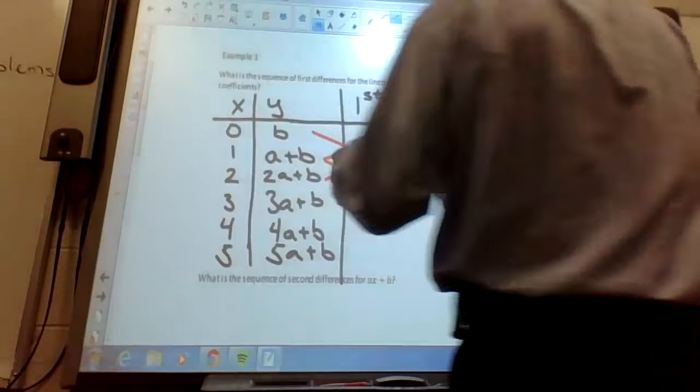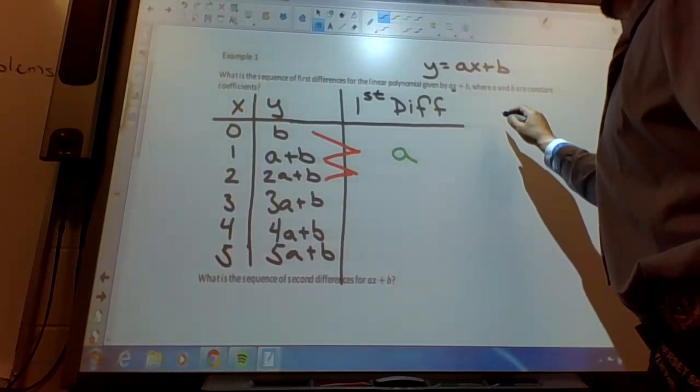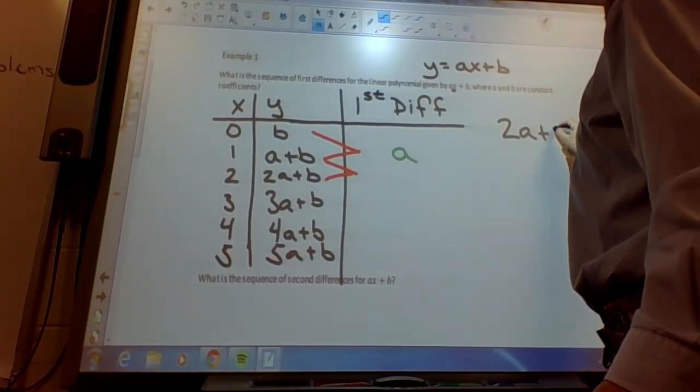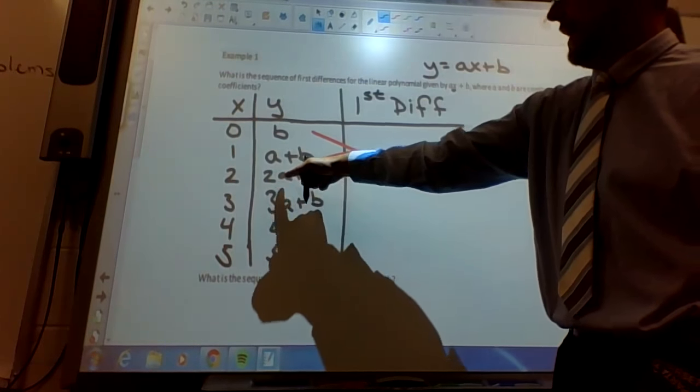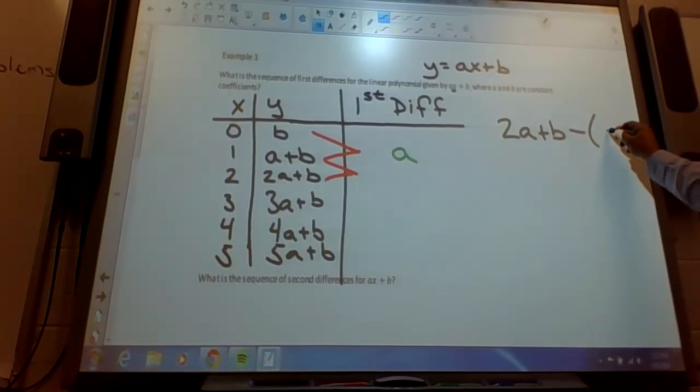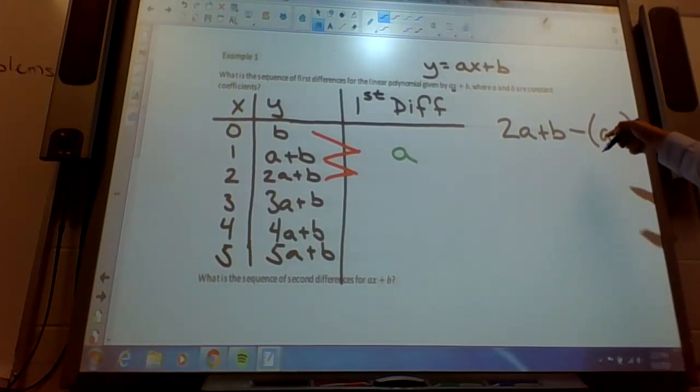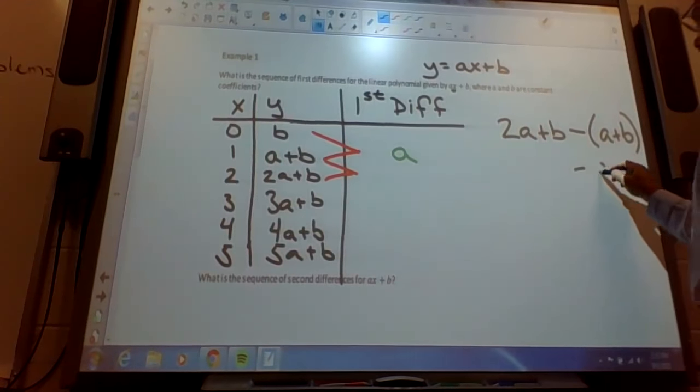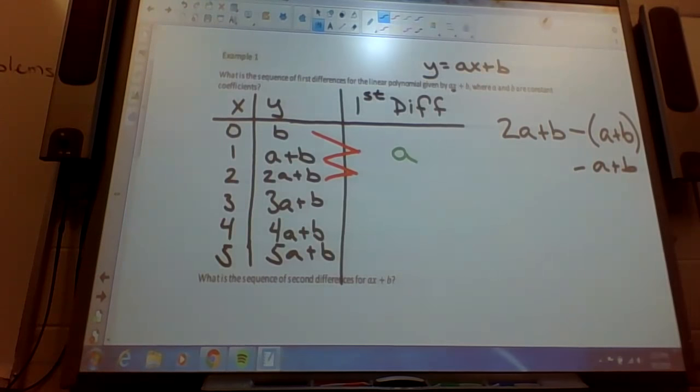Let's do the work here. So I got 2A plus B, that's here, right? Minus A plus B. Why did I put the A plus B in parentheses? Why not just write it like this? Well, am I subtracting A plus B here?